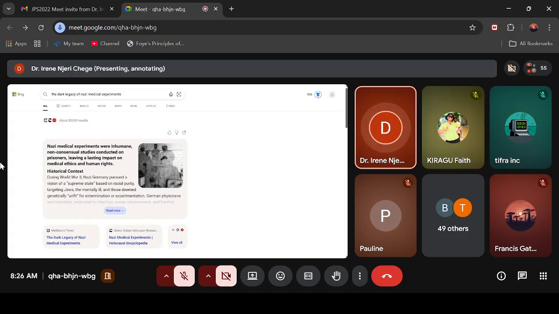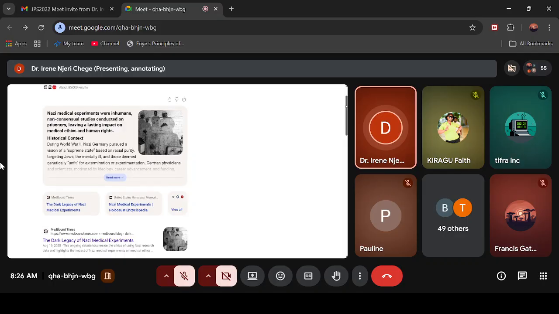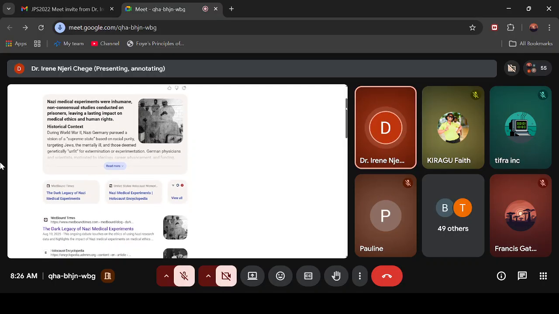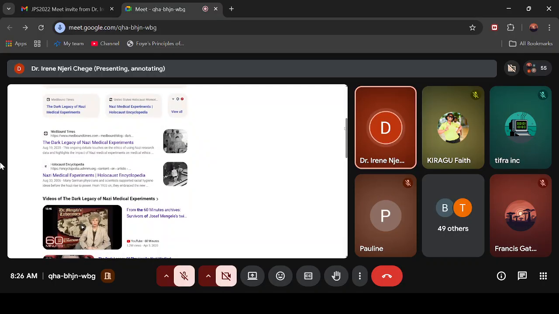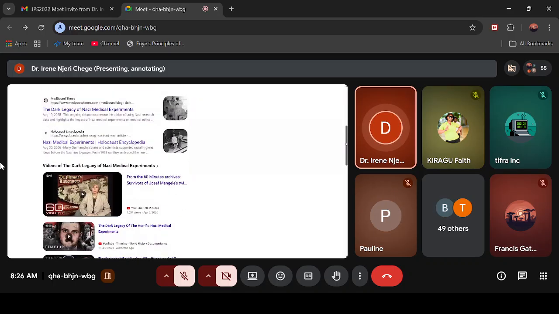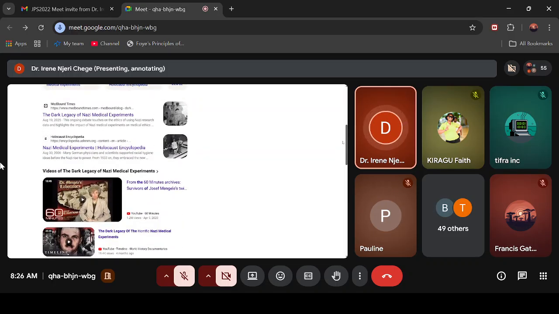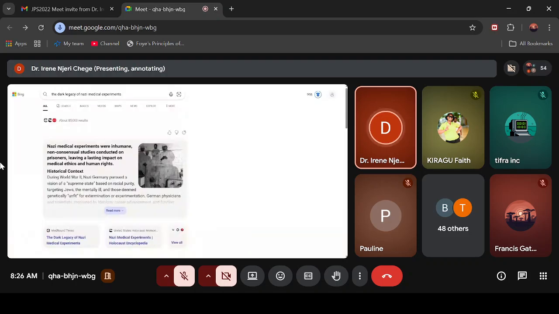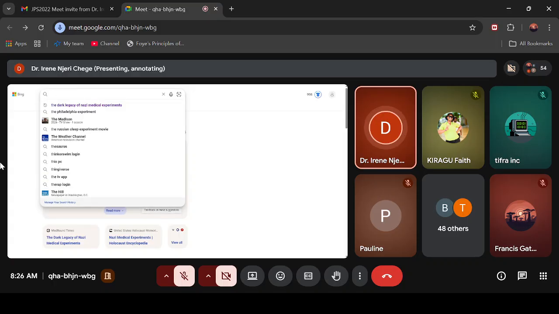And I tell you, when you do a search, whatever topic you're searching about, you don't just go to any site that has come up here. Although they may give you information, you cannot cite this kind of information. Let's narrow the search.